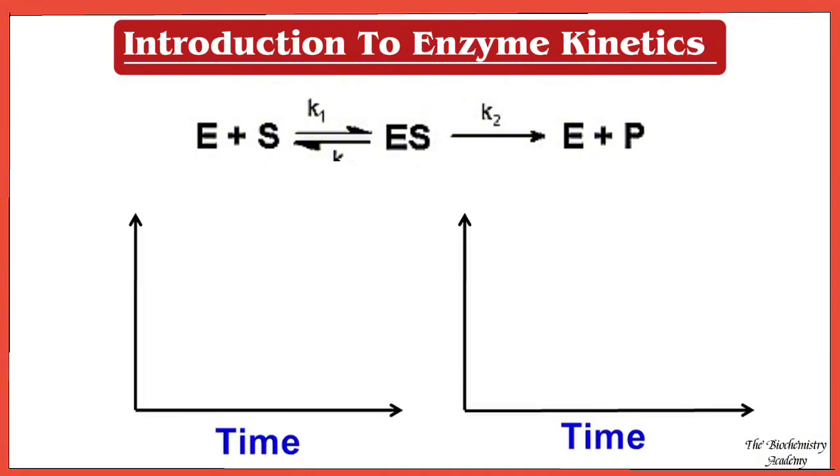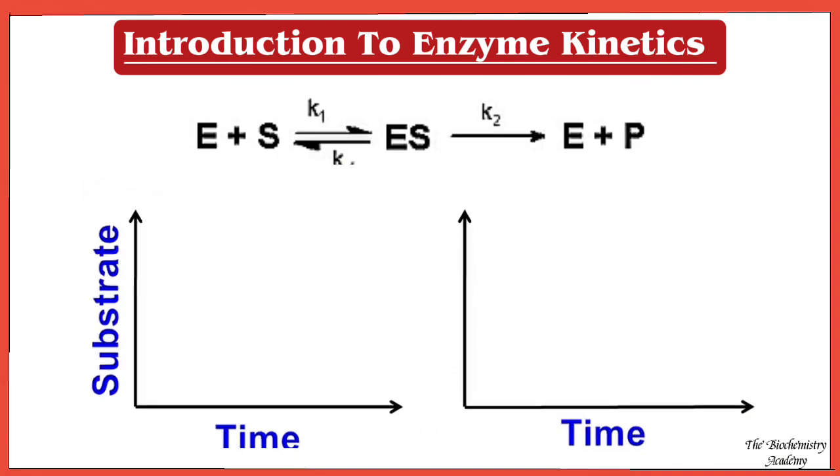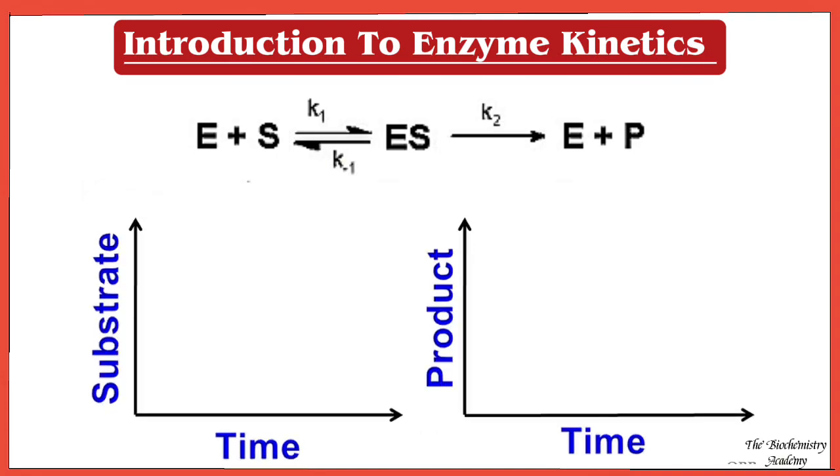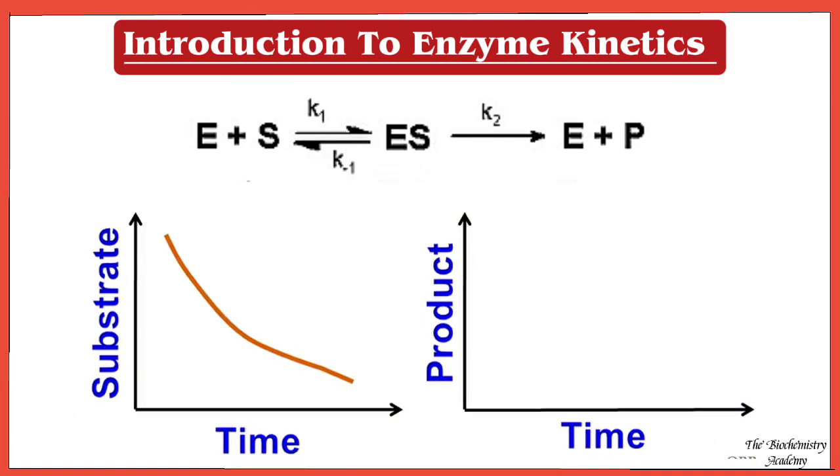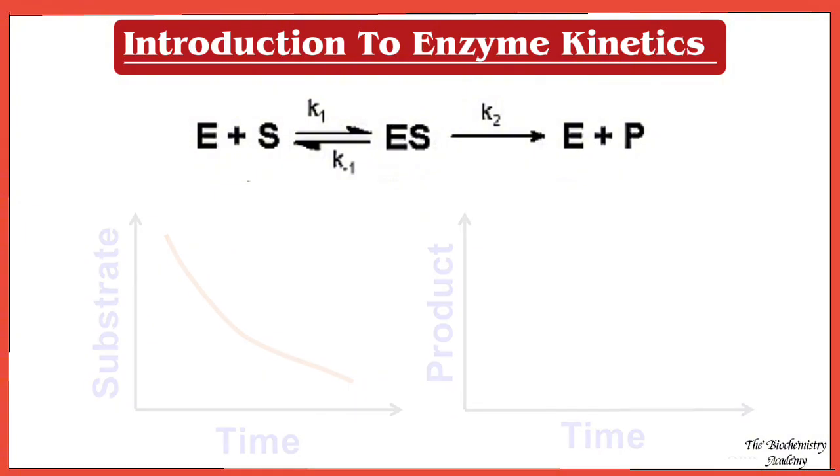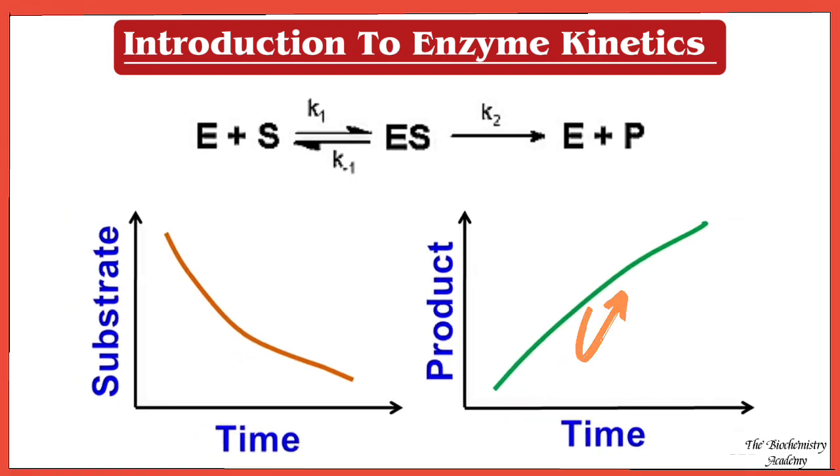With respect to time, we can plot this graph as the concentration of substrate or product per time. As the substrate is consumed, its concentration decreases over time, and as product formation begins, the product concentration increases over time.